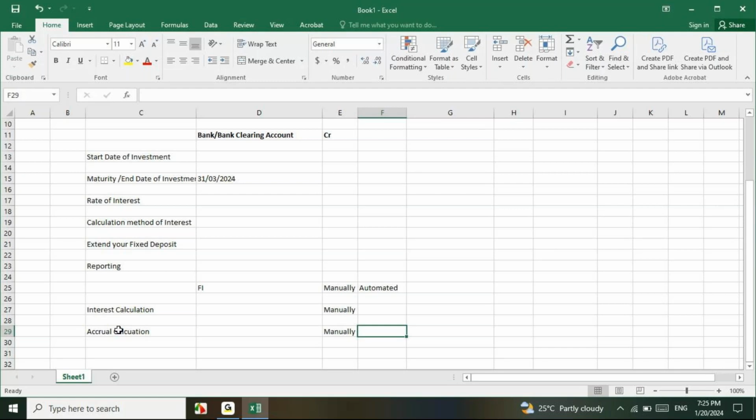So we have to show in the system that even though I am receiving it, it is a part of January's interest, February's interest, and March's interest. All 3 months of interest I will be receiving on 31st March. That is the reason we perform the accrual posting. So if you want to do these things, you have to do it manually.